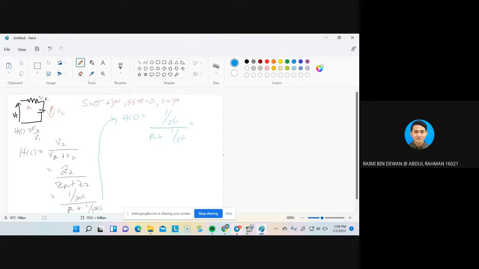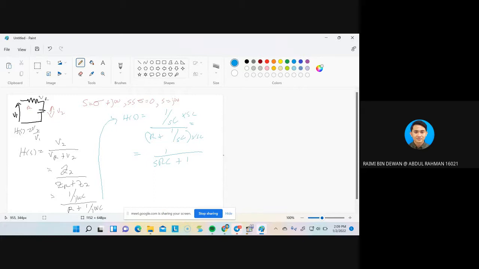You see this is sC, this is R. So if possible, try to multiply the above with sC. Here you multiply by sC, below you multiply by sC as well. Then you have 1 above, and below you have sRC plus 1. Okay, so this is your Hs.